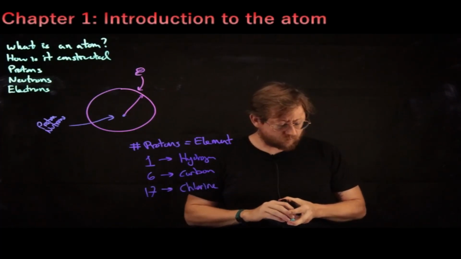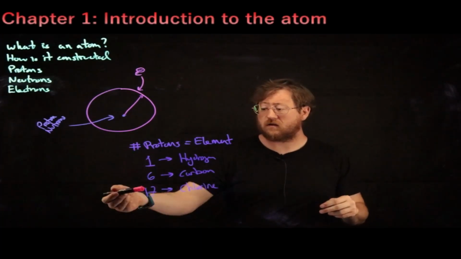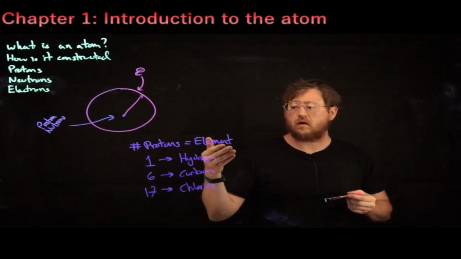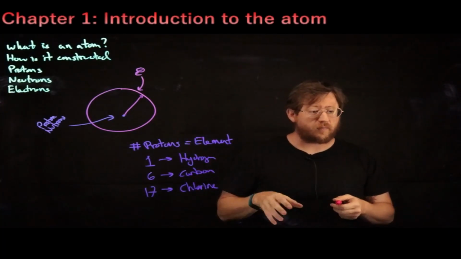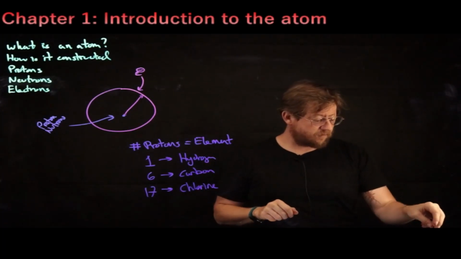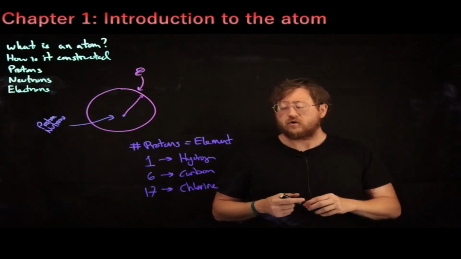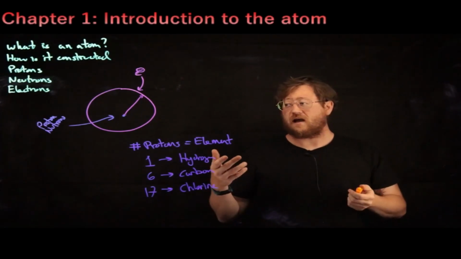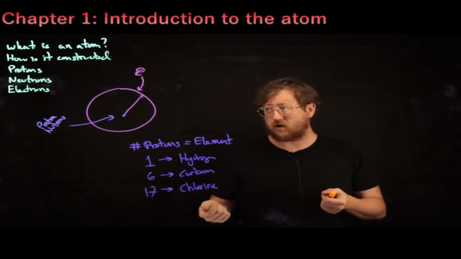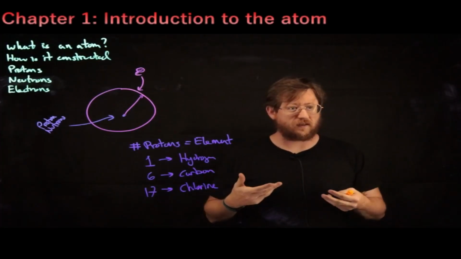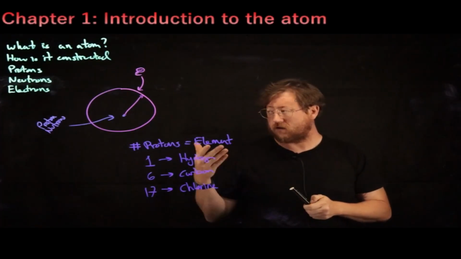Now, within an individual element on the periodic table, such as hydrogen, you're going to find out that hydrogen doesn't have the mass of a single proton and a single electron if you look at the average molar mass on a periodic table.